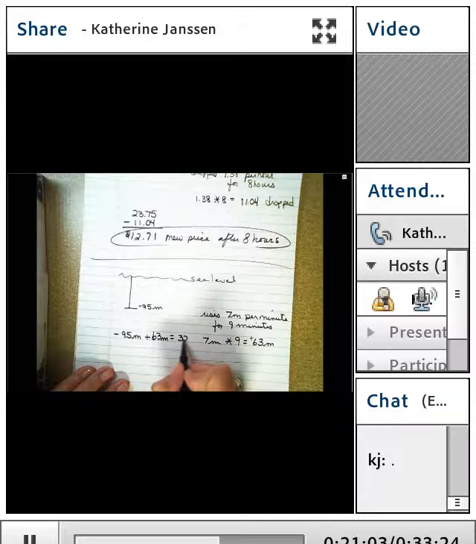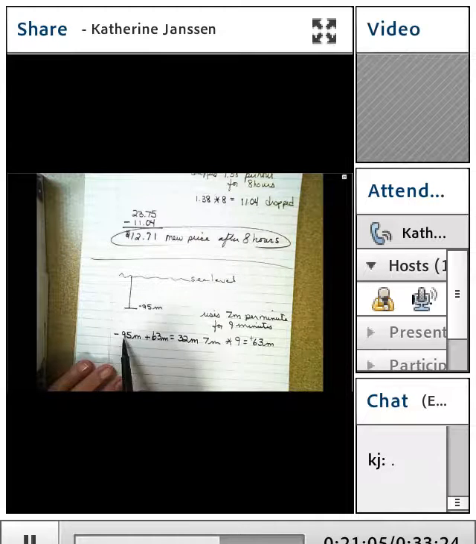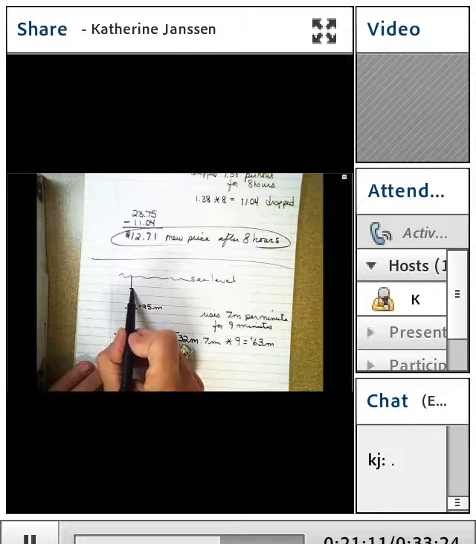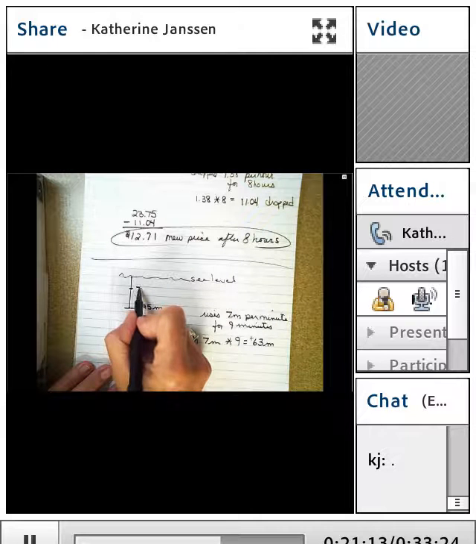The absolute value of the larger is negative, so he's still below sea level at 32 meters below sea level.